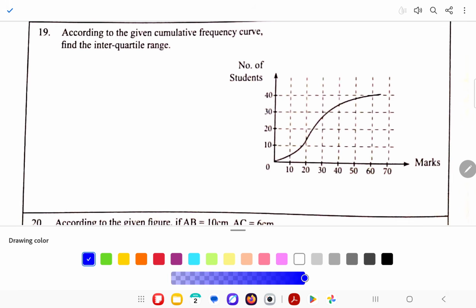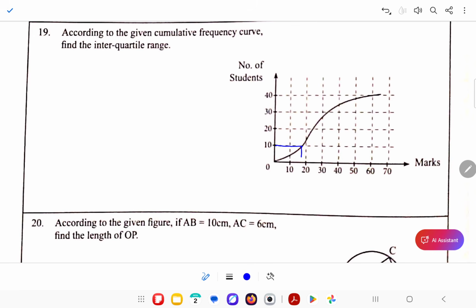Question number 19. According to the given cumulative frequency curve, find the interquartile range. So 40 students, so we need to find the value at the 10th student. That is close to around 17. Like 17, no? Q3 is the 30th, 40 students means 30.